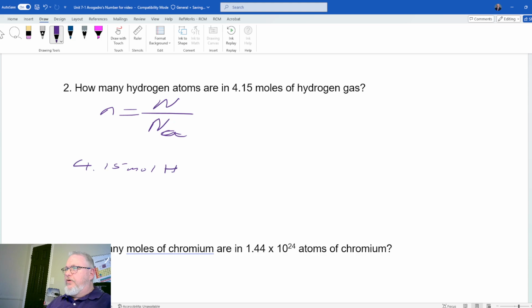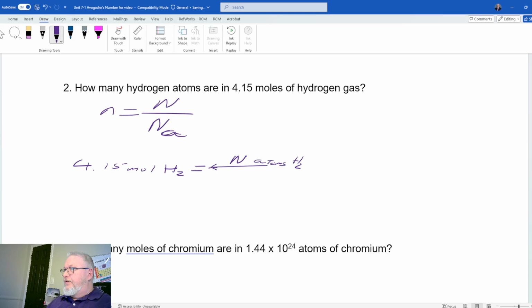And of course, we know that hydrogen is diatomic. It's H2, found in nature that way. We'll keep it like that. So, we're looking for the number of particles, the number of atoms. And of course, it's H2. So that means I might have to do a little trick there after we can find the number of particles.